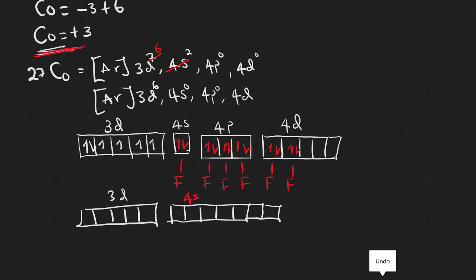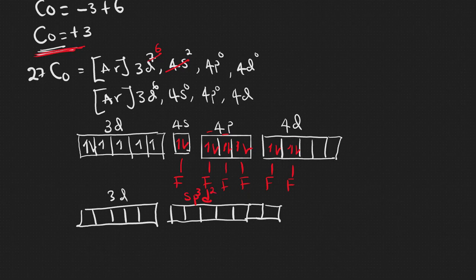In another way we don't need to write the 4, we can just say s, p. How many p? 1, 2, 3, so sp3. How many d? 1, 2, so d2.